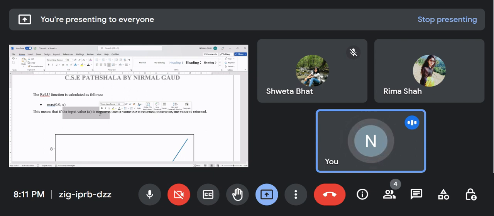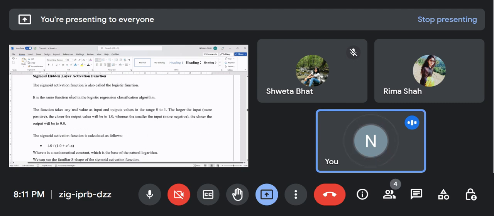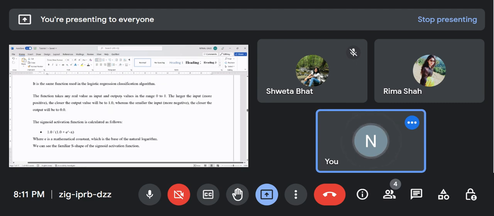Any negative input it has been taking, it is giving the result as 0, and any positive input it is taking, it is giving you the same value. But in case of your sigmoid function, it takes the input and outputs between the range of 0 to 1. Understand, and this is just classifying 0 1 0 1 inside your hidden layers.